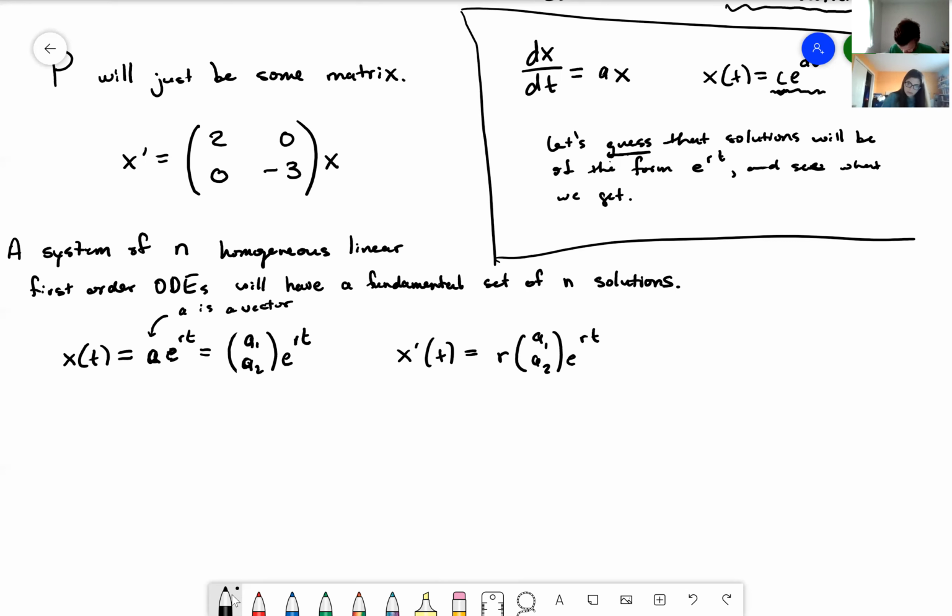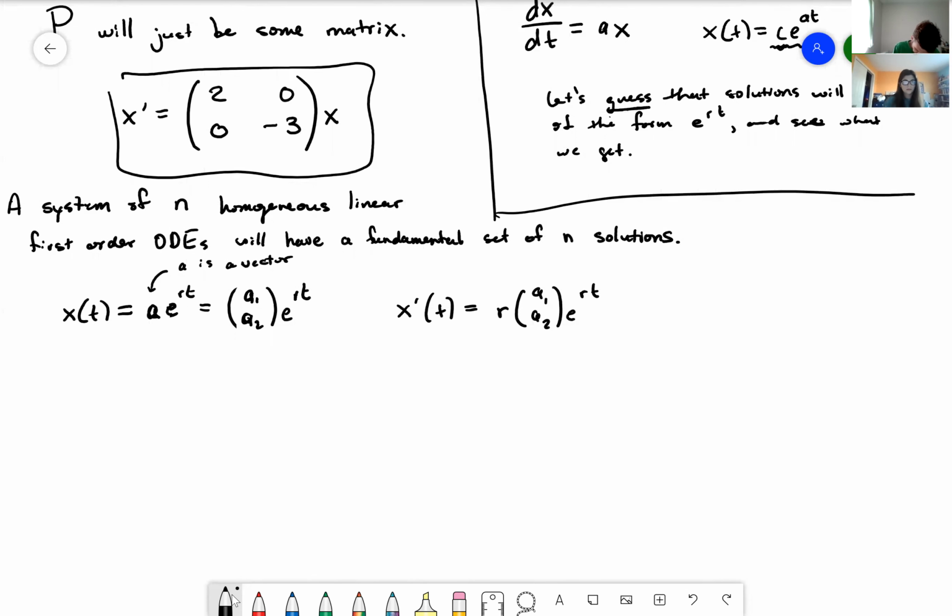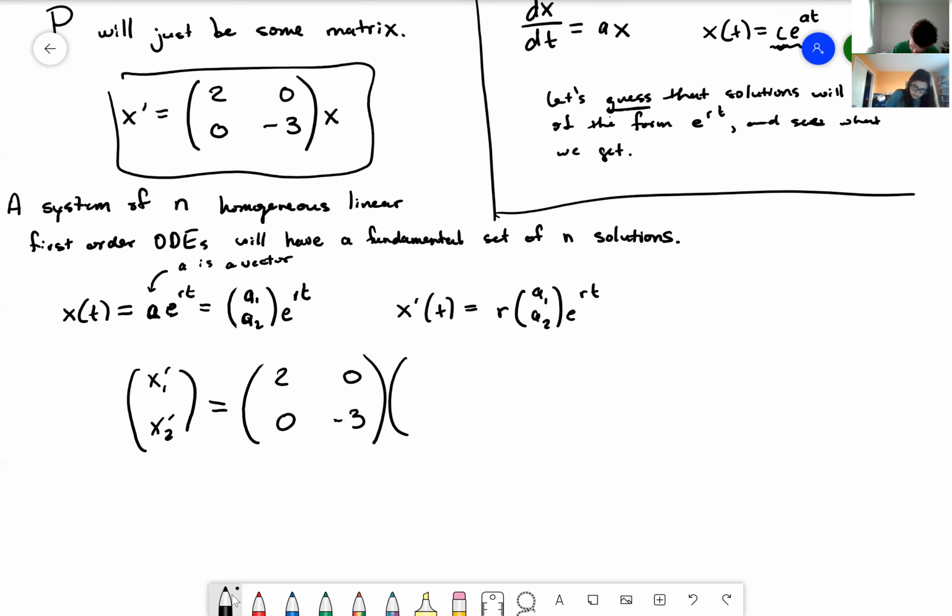And so if we plug this into the equation that we're trying to solve, we get x1 prime, x2 prime equals 2, 0, 0, minus 3 times a1, a2.